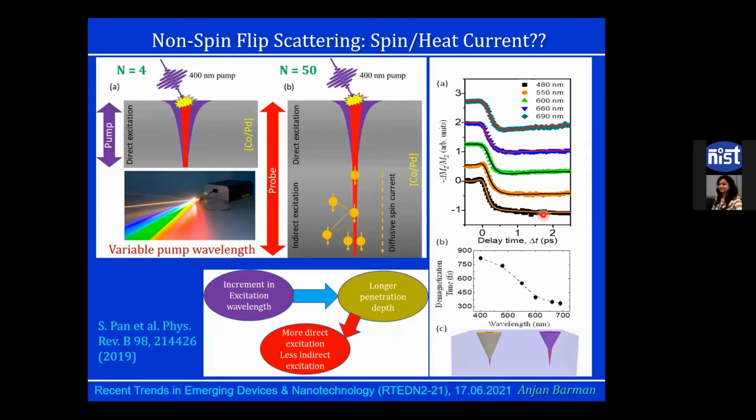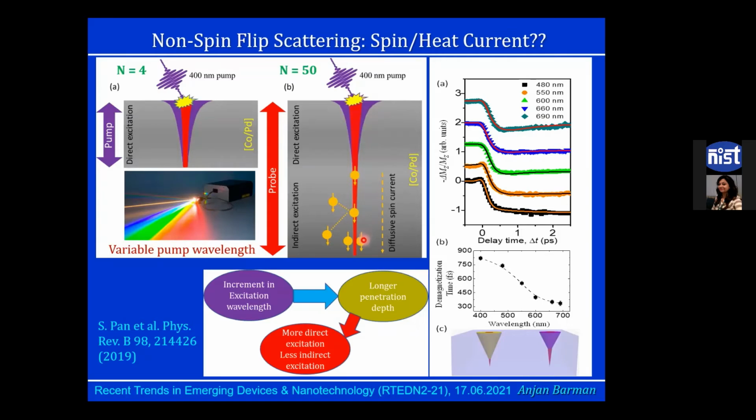And slowly you are increasing the pump wavelength, and at around 600 nanometer, you slowly go into the one-step demagnetization, and at around 690 nanometer, you are going to the single-step demagnetization. So 690 nanometer will actually penetrate almost to this part.